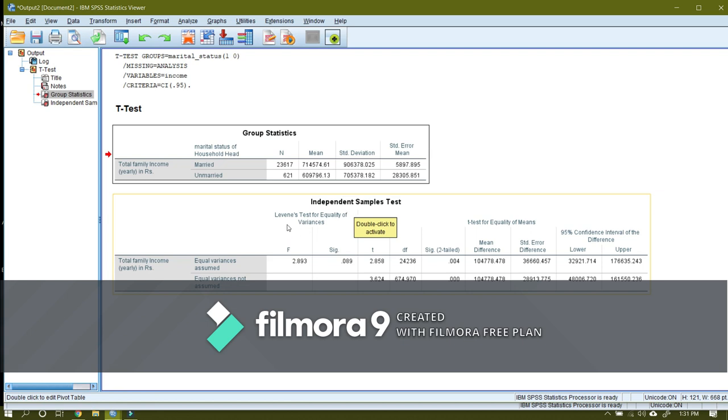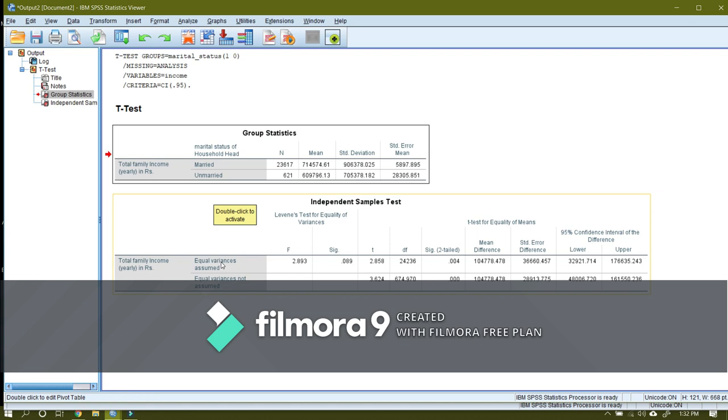Here we are using Levene's test for equality of variance as well as t-test for equality of means. So SPSS basically assumes equality of variance for the two groups.